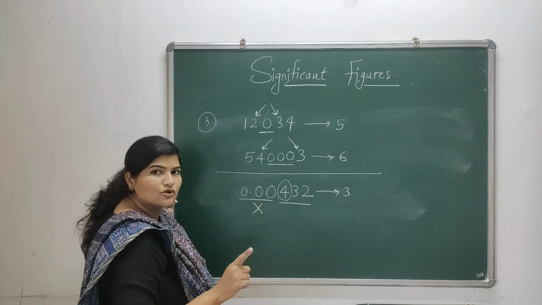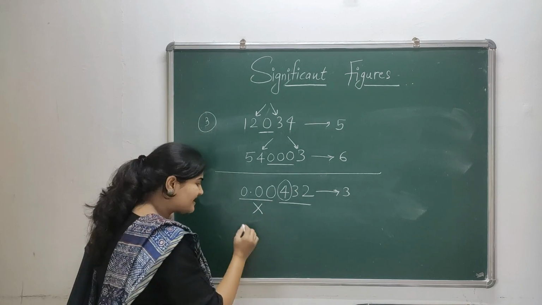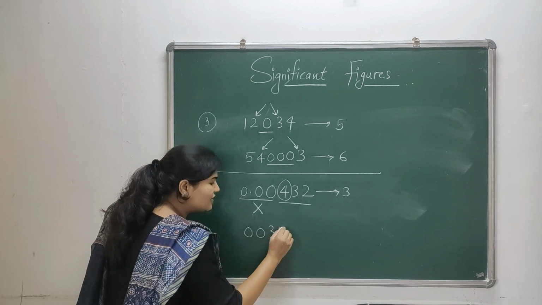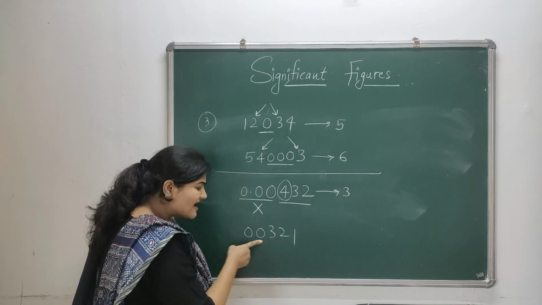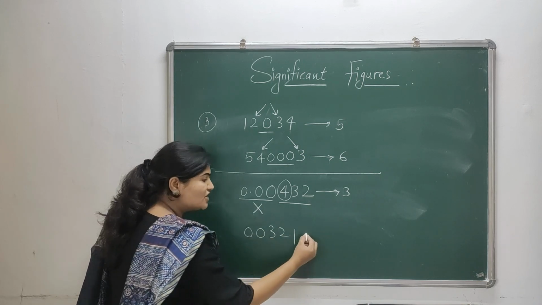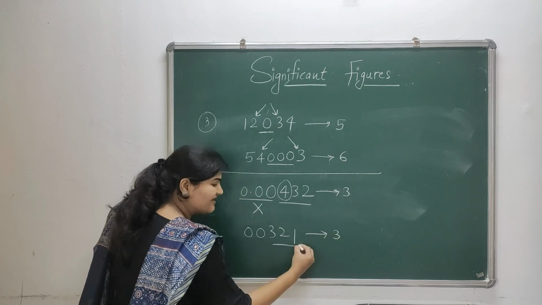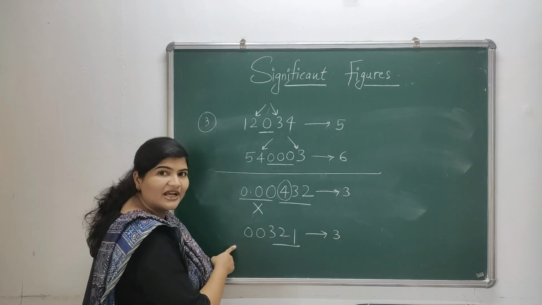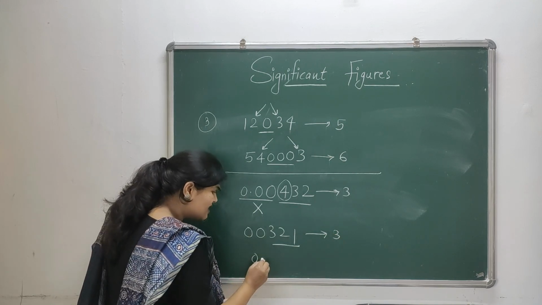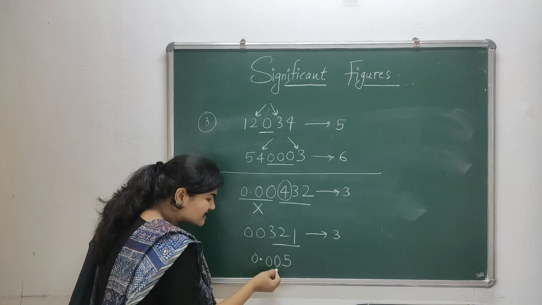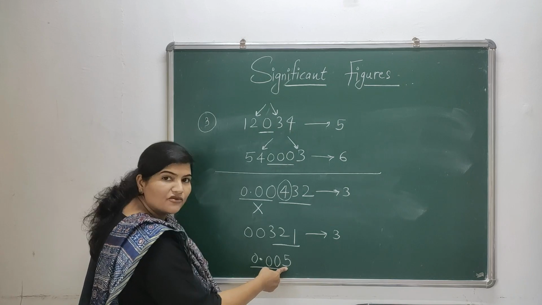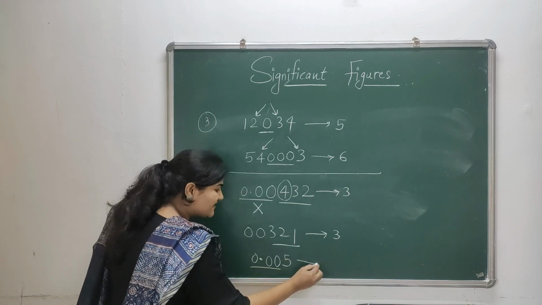So all the zeros which are on the left side, for example 00321. Here also these zeros are on the left side of the non-zero digit. So we will have only 3 significant figures here. These zeros will not be counted. Another example, 0.005. Here again these zeros are on the left side of the first non-zero digit, so they will not be counted.